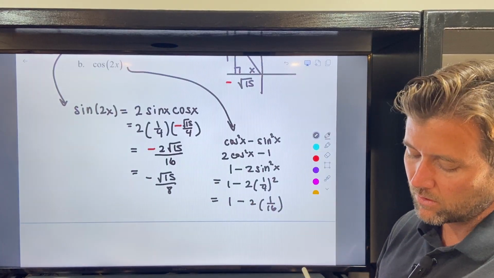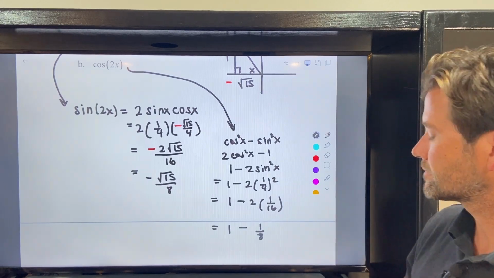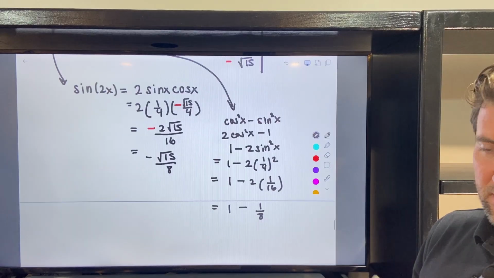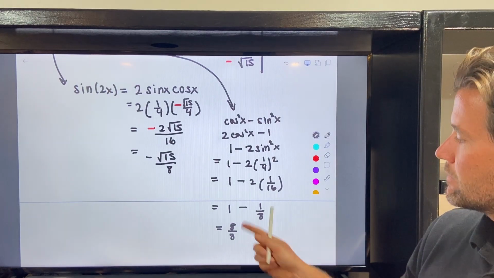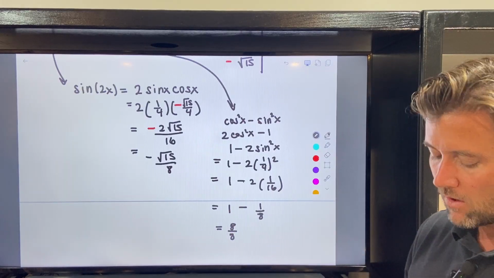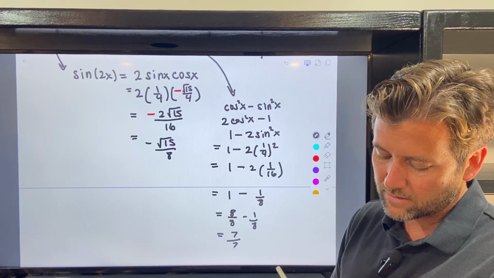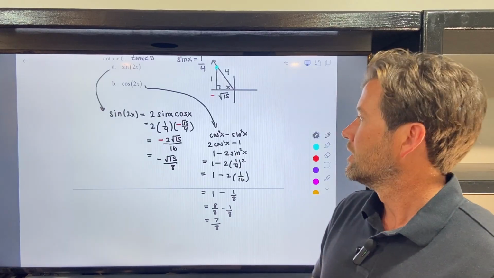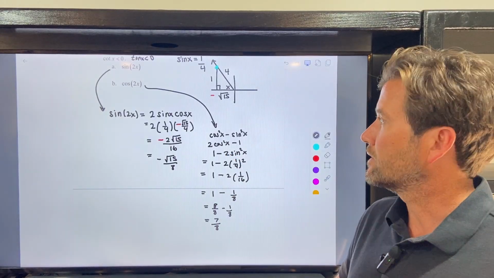Times this 2, that reduced to 1/8. 1 minus 1/8 is 7/8. If you need to have a common denominator, all right, great. 1 is the same number as 8 over 8. Minus 1/8, that is 7/8. If you use either of these 3 formulas, you should get the same answer of 7/8.